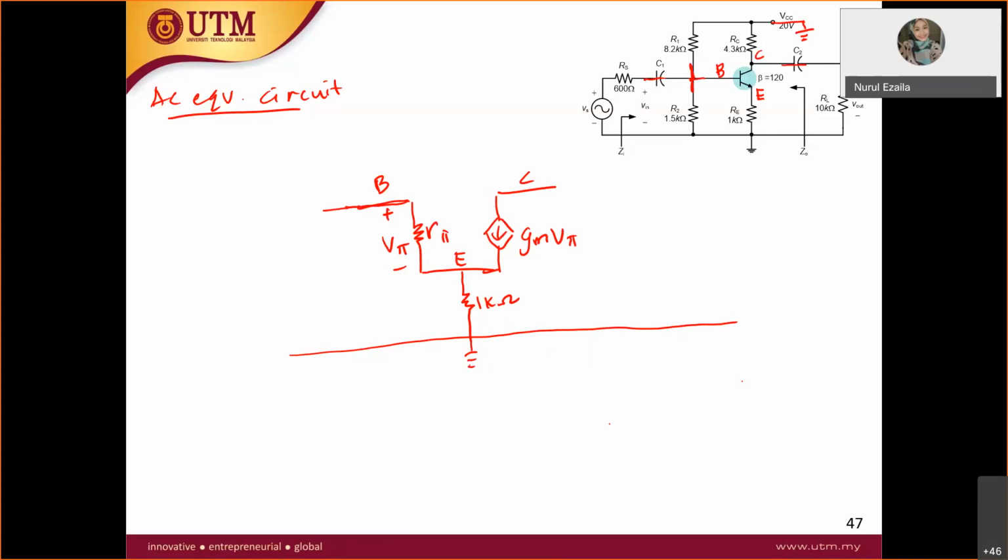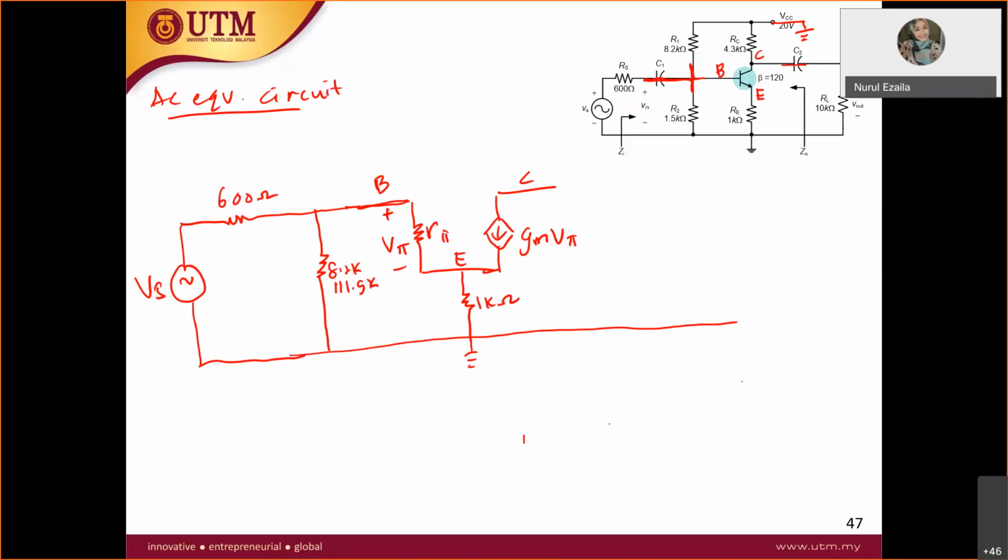Therefore you have resistor R1 and R2 in parallel, 8.2K parallel with 1.5K. Then at the base you have capacitor C1 short circuit and you have RS, which is 600, and then the voltage source VS and ground.